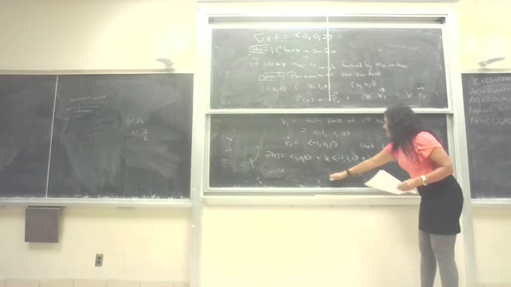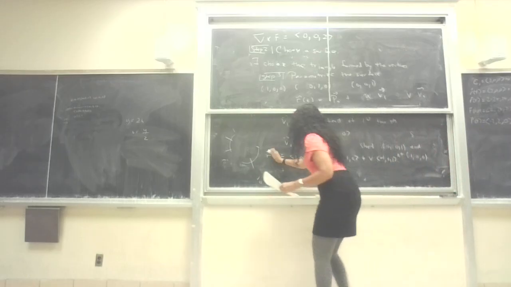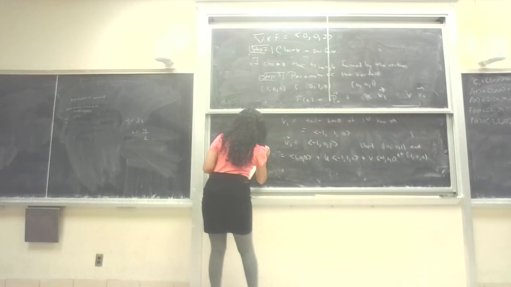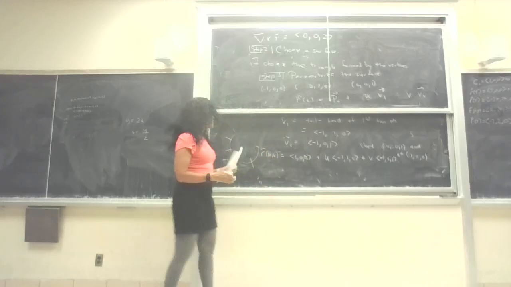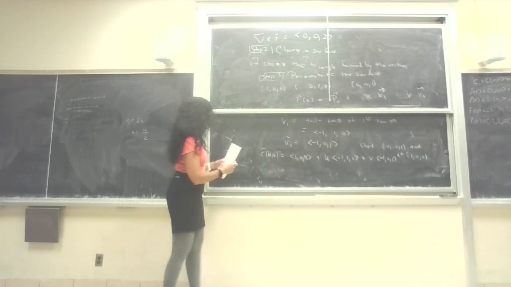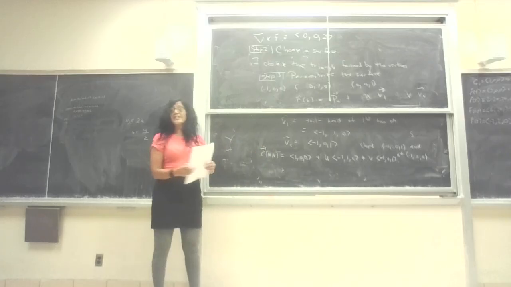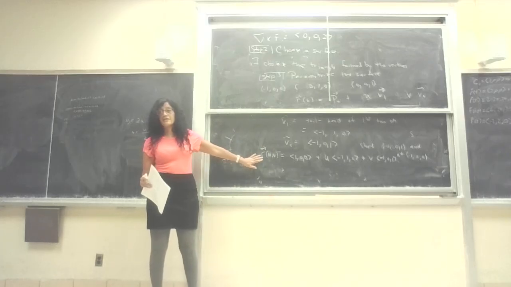It's this whole thing. It's not r of t, it's r of u, v, sorry. There are 2 letters because you're on a surface now. That's what your homework is tonight. You're going to be doing this.